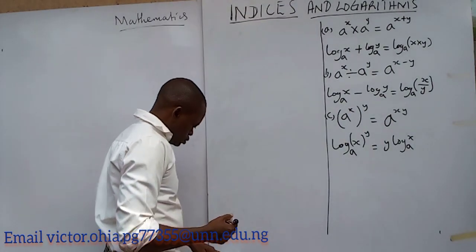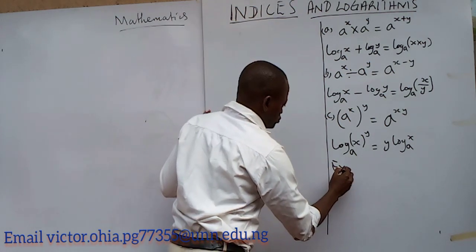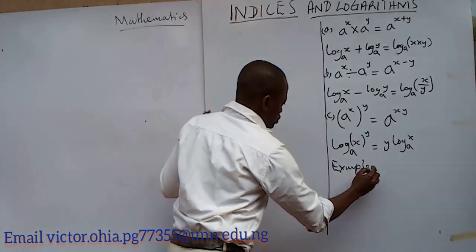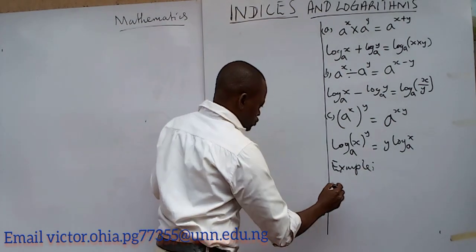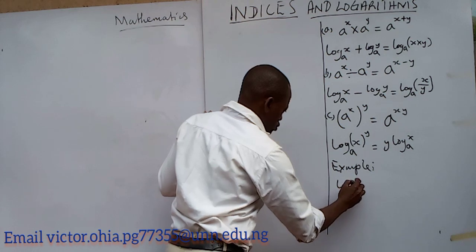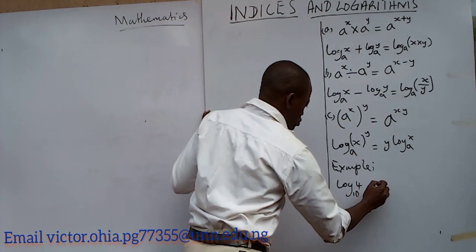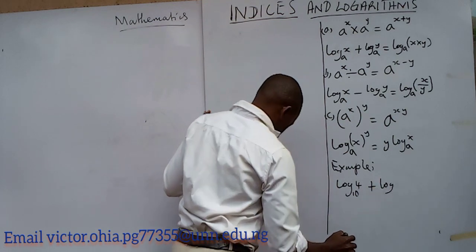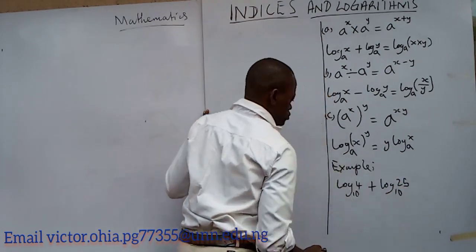Now, I have in this illustration, for example, log 4 in base 10 being added to log 25 in base 10.